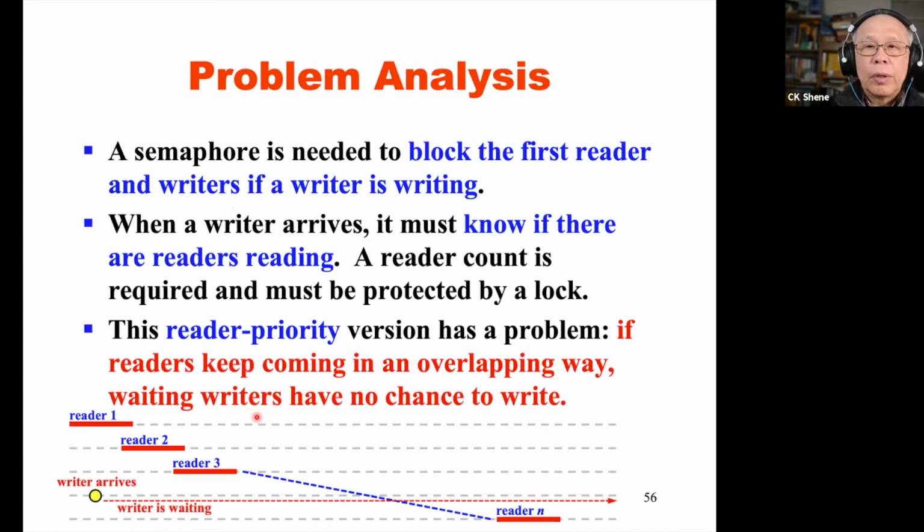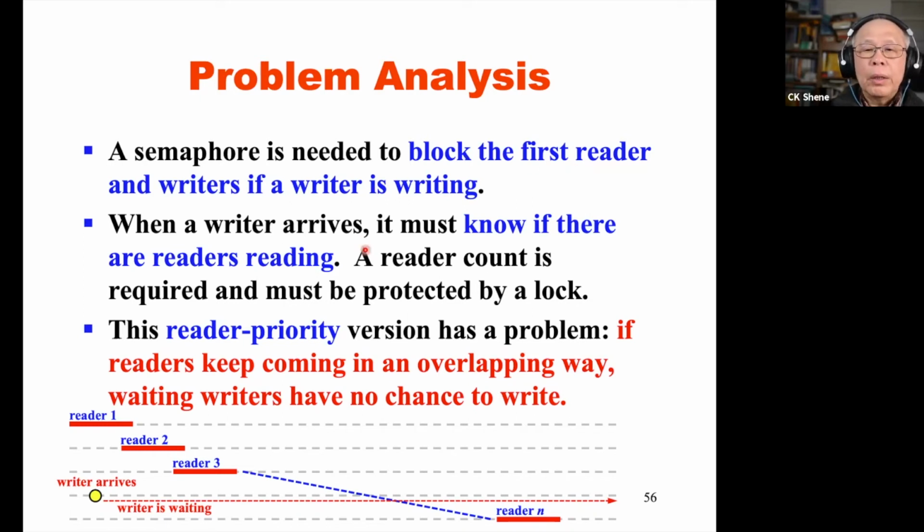So from the previous analysis, we know we need a semaphore to block the first reader and the writers if a writer is writing. The magic word here is first reader. Why? We'll mention that. But anyway, a writer has to be mutually exclusive when it is writing. Therefore, this semaphore must be there in order to block either a reader when a writer is writing and the incoming writers when a writer is writing.